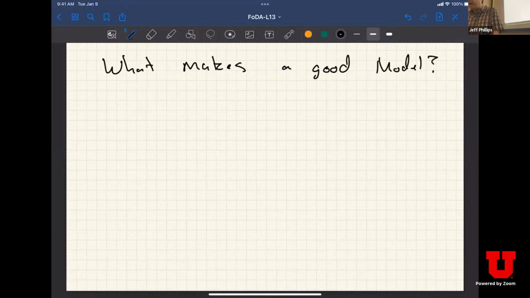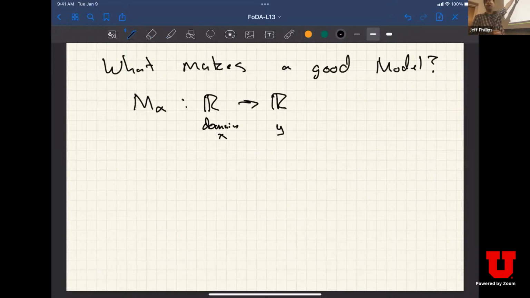So I've got a model, M, going from R, so this is the domain of X, to some real values. So this is like the value Y, right? And perhaps I've got some input X, Y.